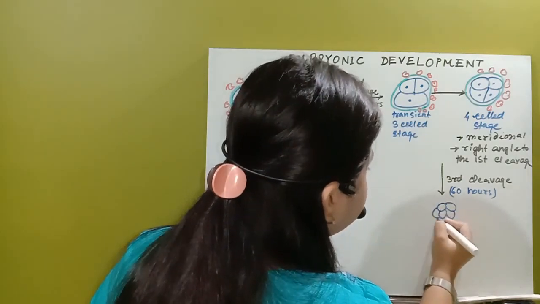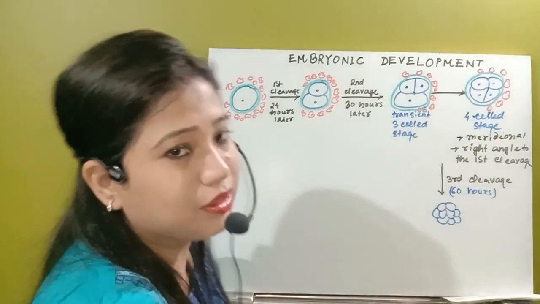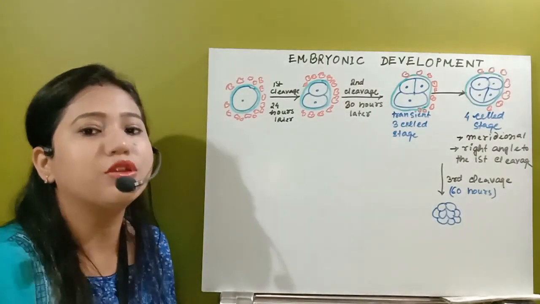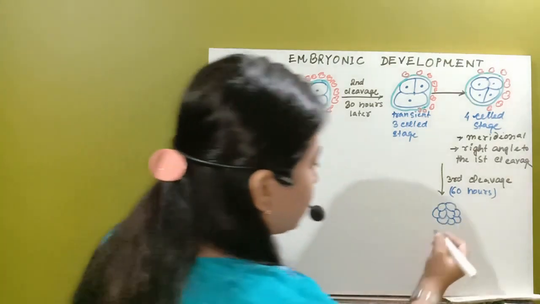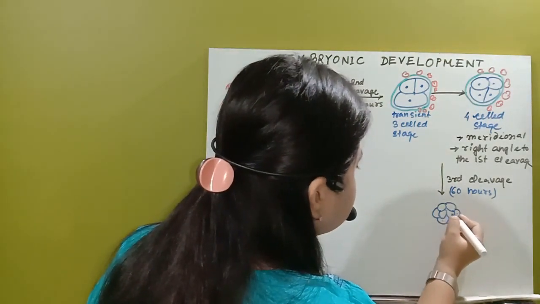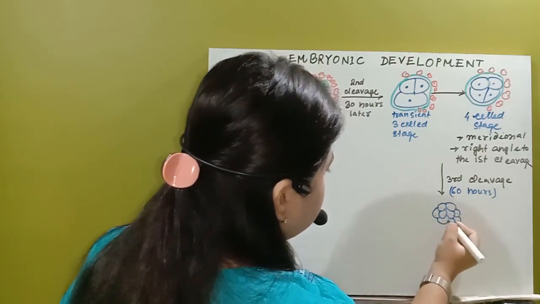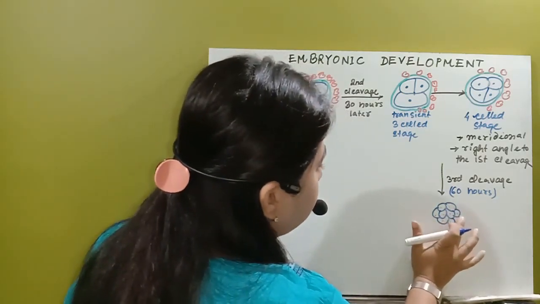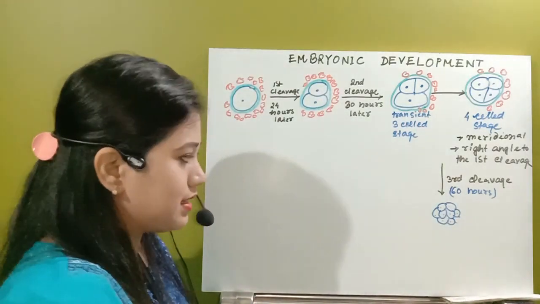Right after that the type of cleavage is not differentiated, that means we are not able to understand what type of cleavage it will be. So that's why after third cleavage we will have the 8 cell stage.